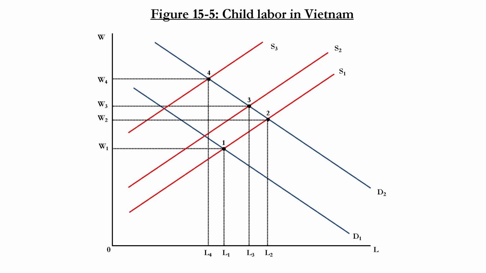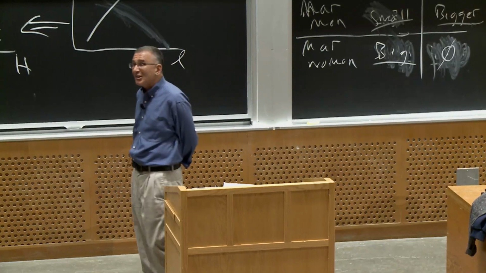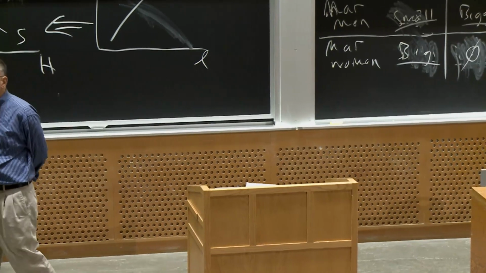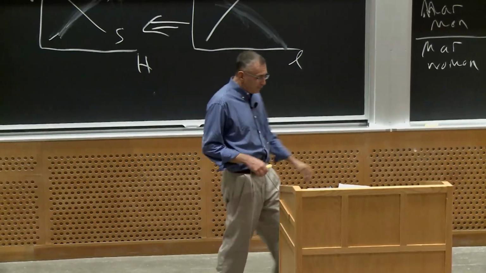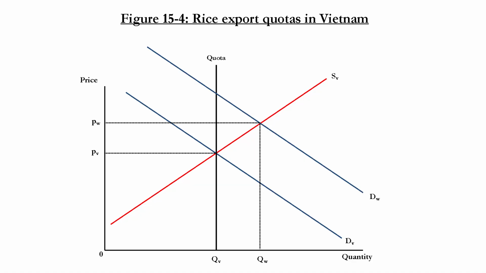Figure 15.5 is a diagram for child labor in Vietnam. On the x-axis is the amount of child labor. On the y-axis is the wage. In pre-trade, we're in equilibrium with L1 kids working at a wage of W1. Now we have free trade. What free trade does is it increases the demand for labor. The price has gone up, so if you flip back to figure 15.4, you need more rice.